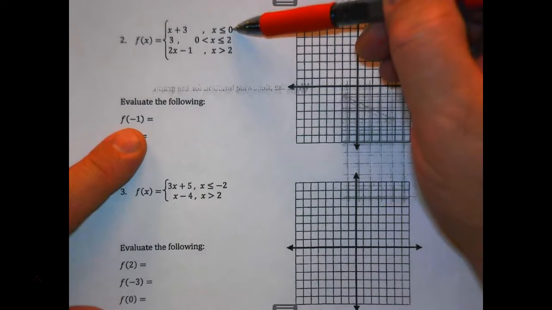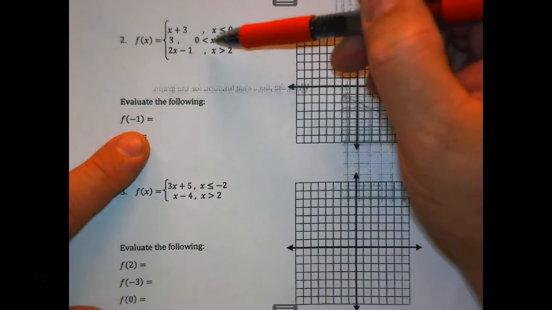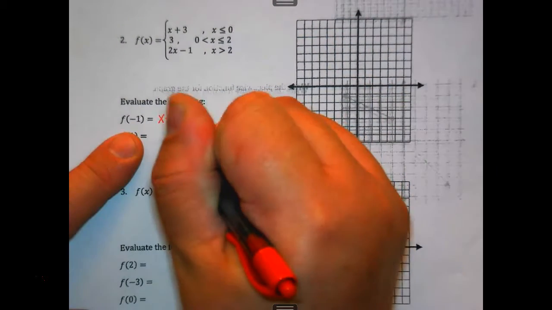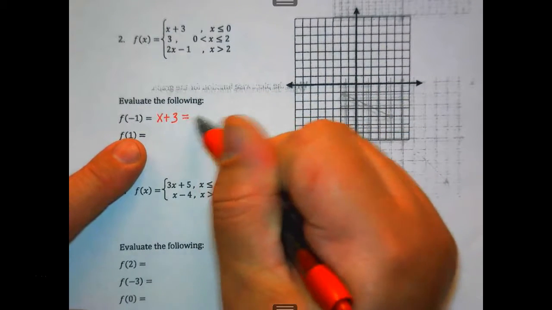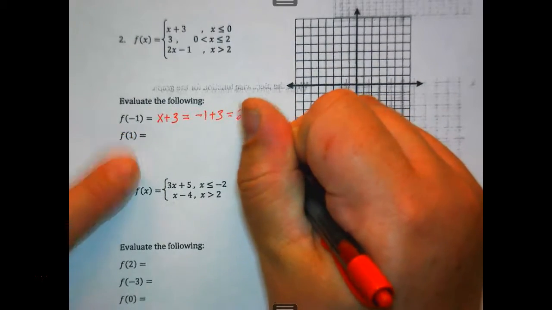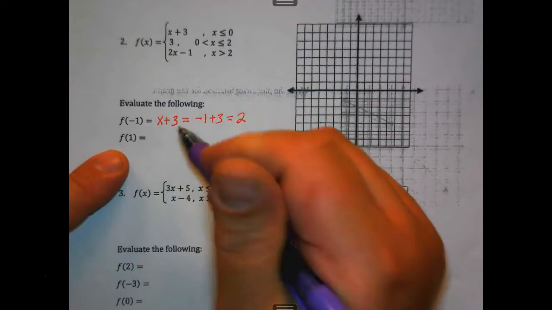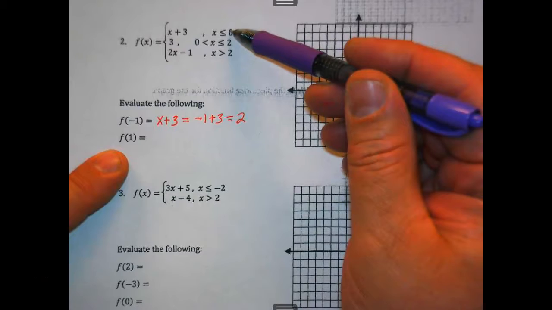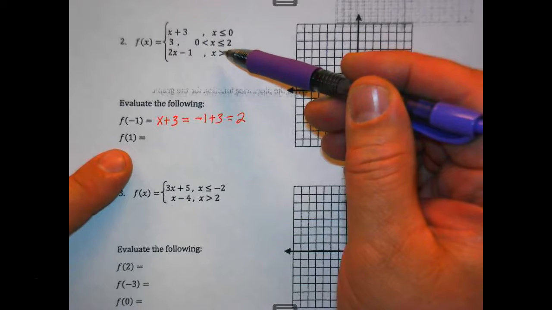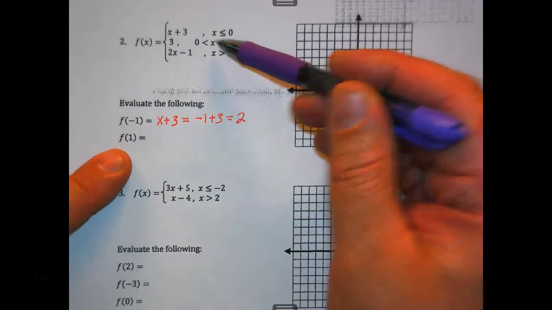X is less than or equal to 0, x is between 0 and 2, or x is greater than 2. Less than 0. So I have to use x plus 3. My x is negative 1 plus 3. So my f of x is 2. What about the number 1? It's between. Is it between 0 and 2? Yes. So it's 3.